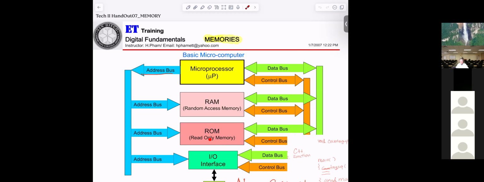And this data cannot be erased no matter what. And later on, you can get the EEPROM, or so forth. Okay? That is a general computer idea.